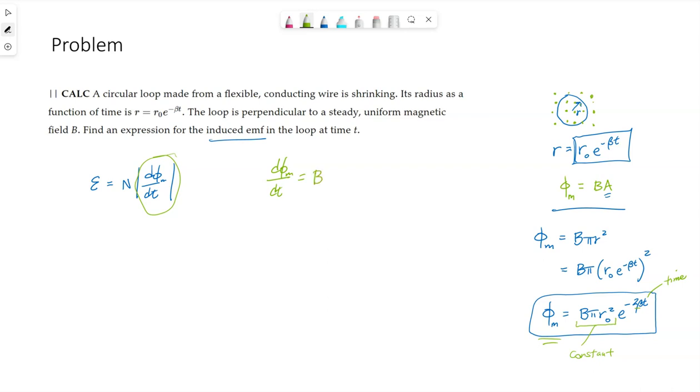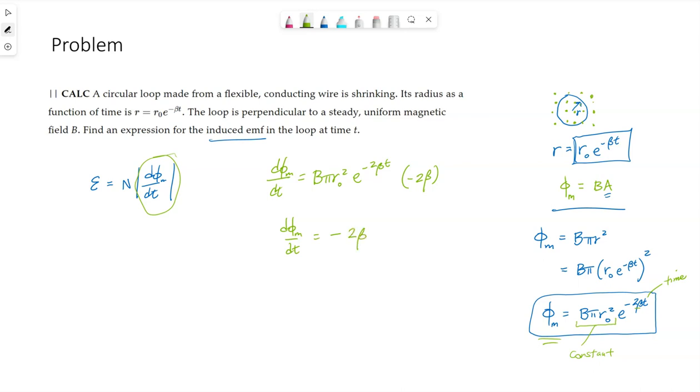So we'll have the B, the pi r naught squared. The derivative of an exponential function is the same function multiplied by the derivative of its power. So in this equation, we end up with 2 beta.